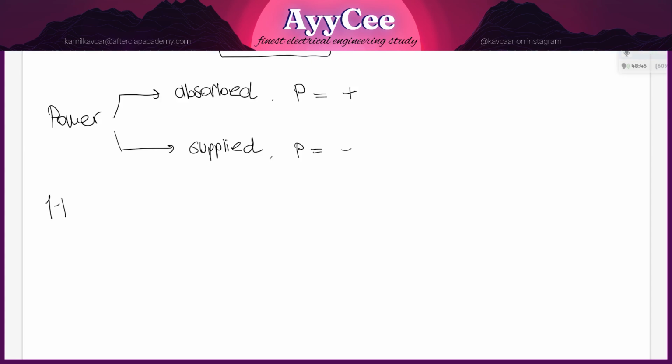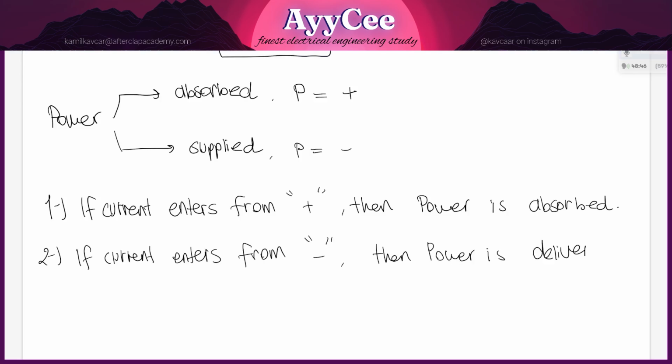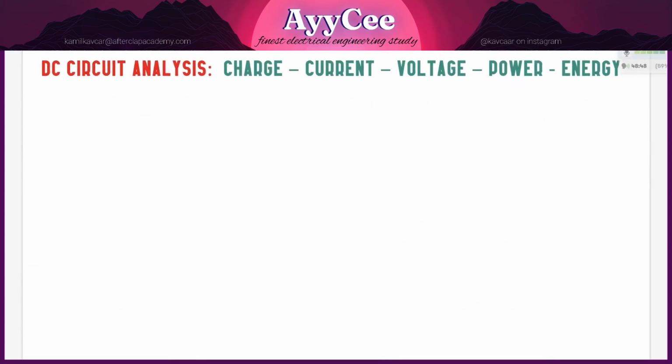Let me put it in here. I know this sounds a little bit abstract, but I will give you 4 examples. Let me take my time to draw 4 different circuit elements.